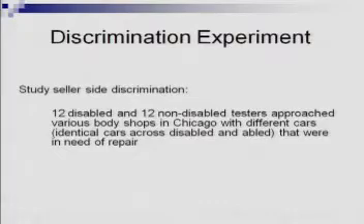This should be familiar to all of those who are familiar with the literature. These are paired audit study field experiments. So what I have here to begin, I have 12 disabled agents, and these are agents in wheelchairs paired with 12 non-disabled testers who are not in wheelchairs but who are driving the identical vehicles to various repair shops in and around Chicago.